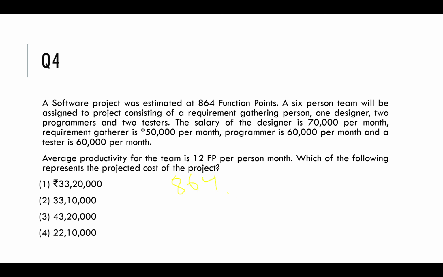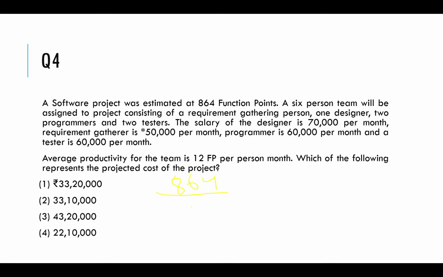A 6 member team will be assigned to the project consisting of a requirement gatherer, one designer, two programmers, and two testers. The salary is also given because the salary of the project cost also depends on the salary of the person. The average productivity for the team is 12 function points per person per month.